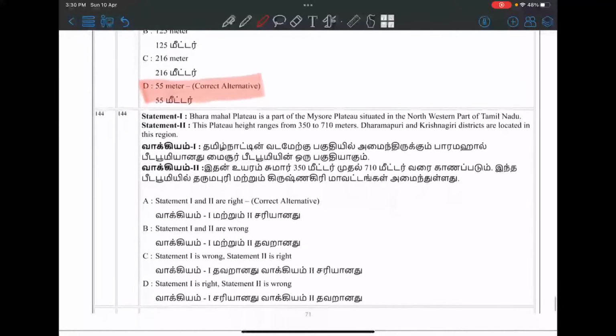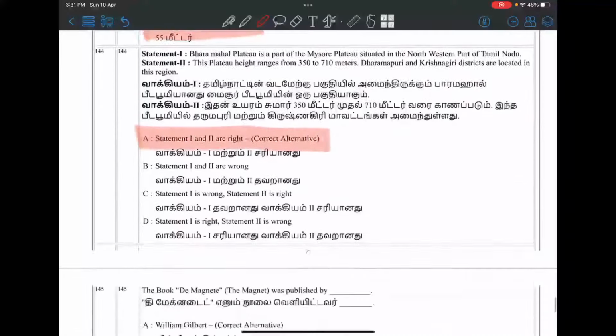Statement 1: Baramahal Plateau is a part of the Mysore Plateau situated in the northwestern part of Tamil Nadu. Statement 2: This plateau's height ranges from 350 to 710 meters. Dharmapuri and Krishnagiri districts are located in this region. Statements 1 and 2 are right.